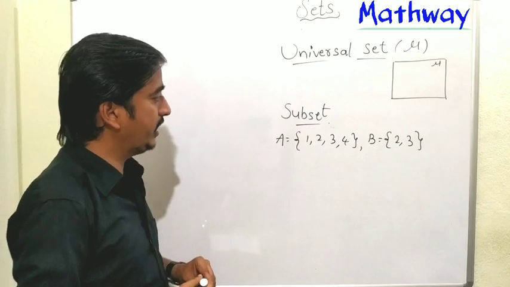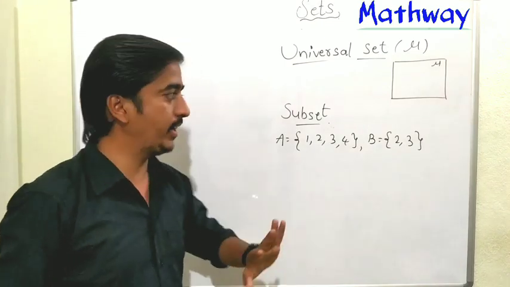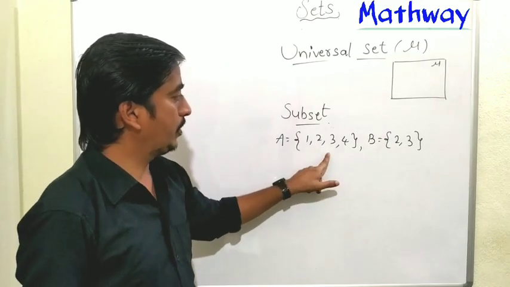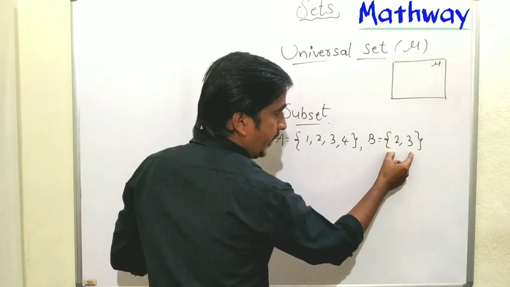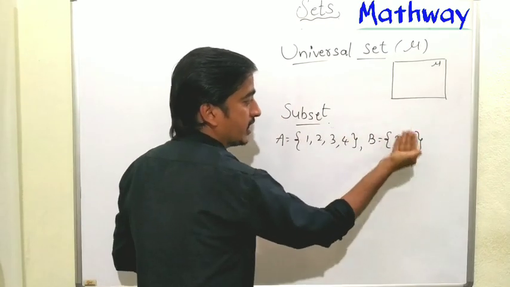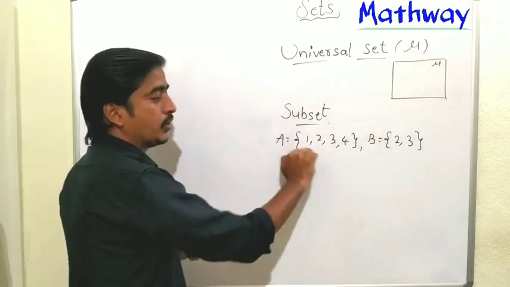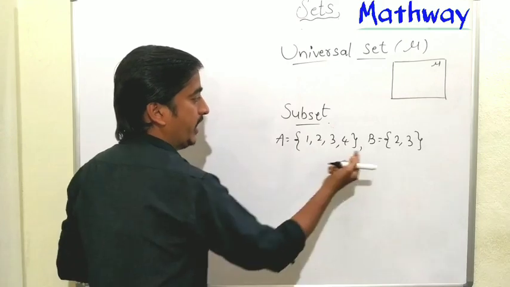Here, if you see, there are common elements in set A and set B. Common element means the same elements. 2, 3 are common in both the sets, right? Whatever the elements in set B are also in set A. So we can say B is a subset of A.